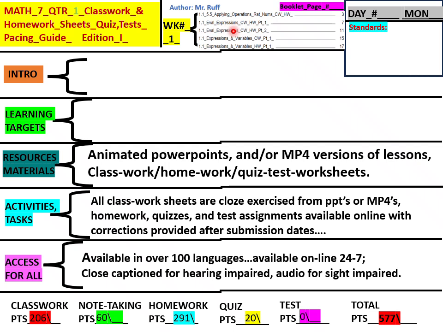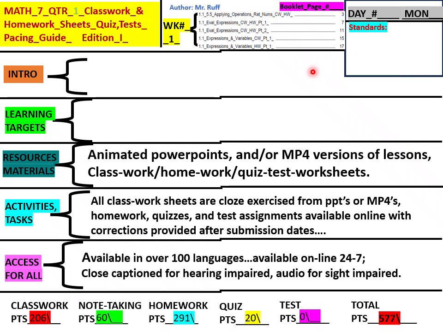Evaluating expressions, classwork homework part 1, and then 1.1 evaluating expressions, classwork homework part 2. Then expressions and variables, variables classwork part 1, and 1.1 expressions and variables homework part 1. This is page 3 through page 17 in your classwork homework booklet, students.